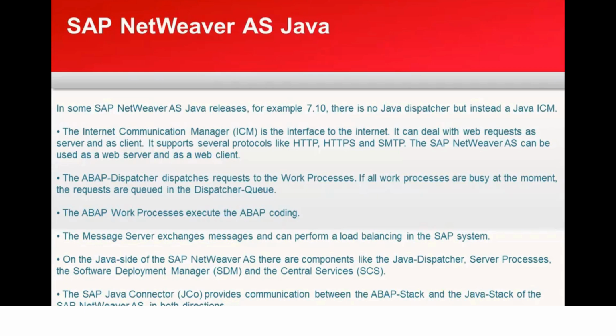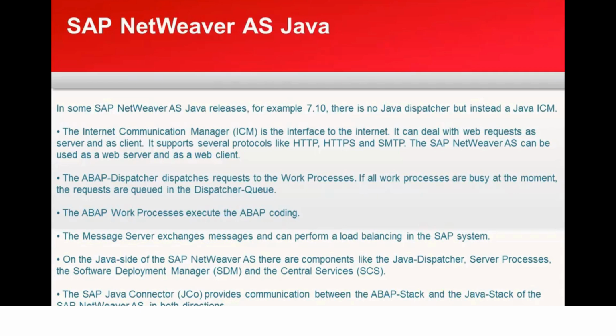The ABAP dispatcher dispatches requests to the work processes. If all work processes are busy at the moment, the requests are queued in the dispatcher queue. The ABAP work processes execute the ABAP coding.